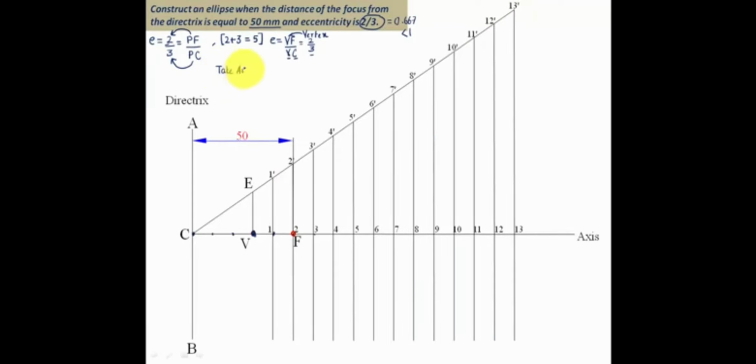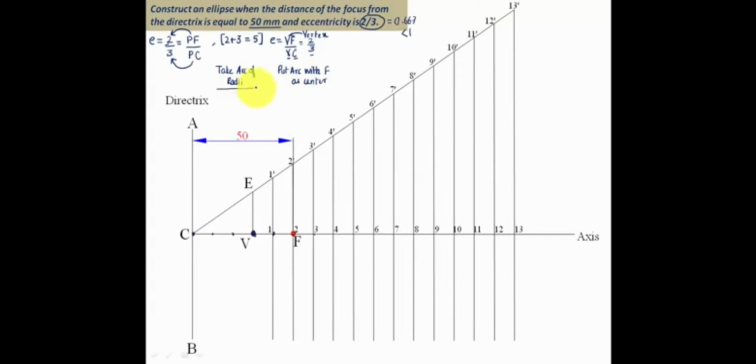Now we need to take a tabular column, and take arcs of radius, and plot the arcs on each side, like that. Two tabular columns we draw.